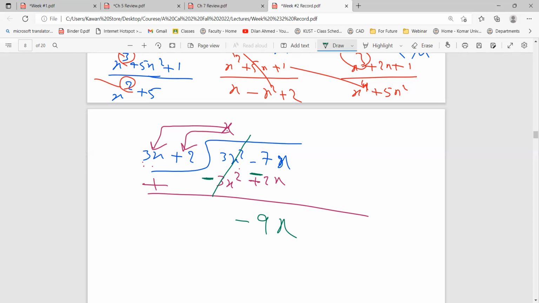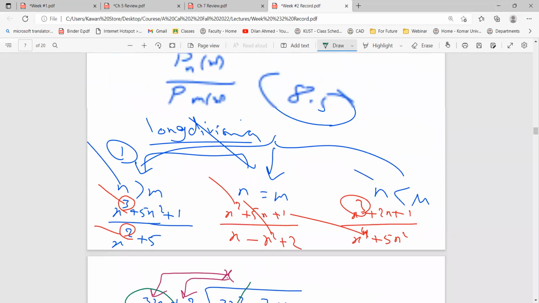Listen, because the degree here equals the degree here, and we say that if the degree is equal, we continue with the division. Understood?